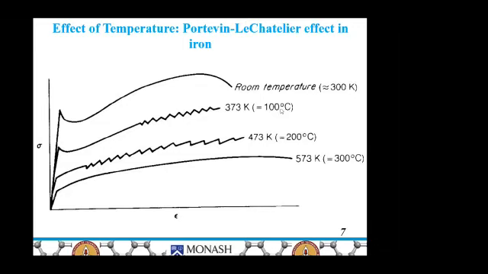If we heat further to 200 degrees centigrade, there will be even more serrations. But if we increase it to 300 degrees centigrade, or up to 573 Kelvin, there is sufficient temperature for the metal to deform plastically, so there will not be any formation of serrations. We can see a significant increase in ductility and decrease in the strength of the material. So this is called the Portevin-Le Chatelier effect.